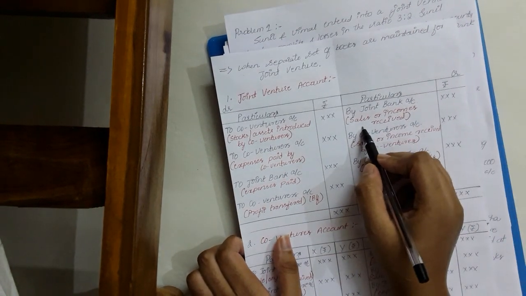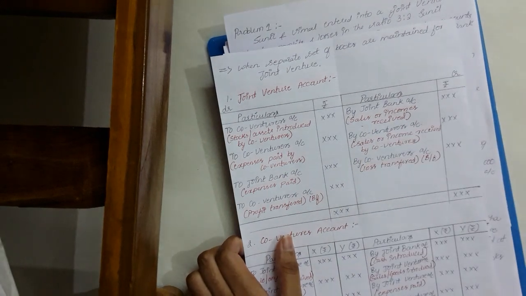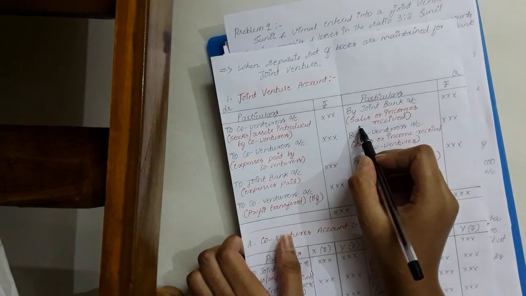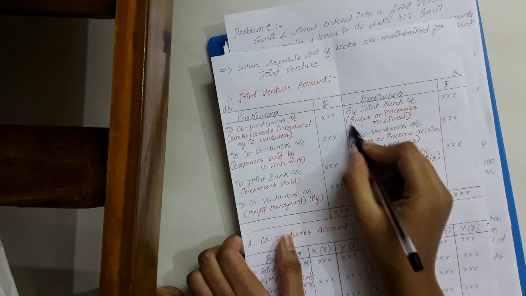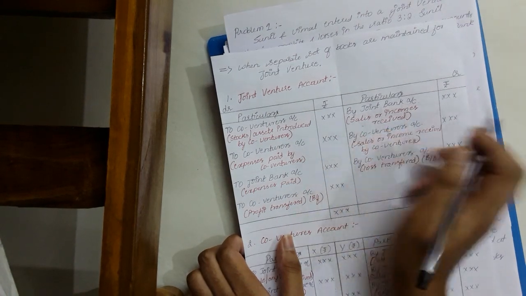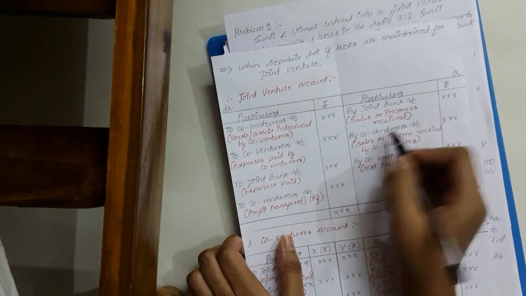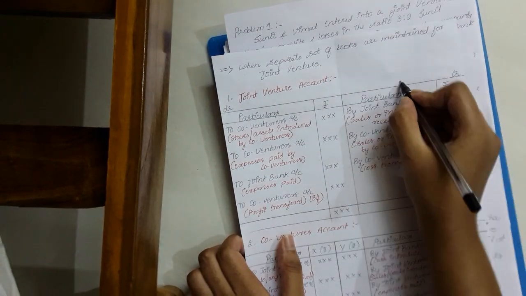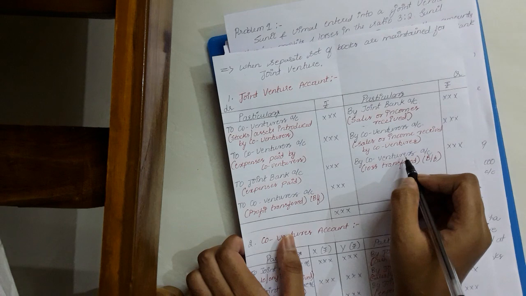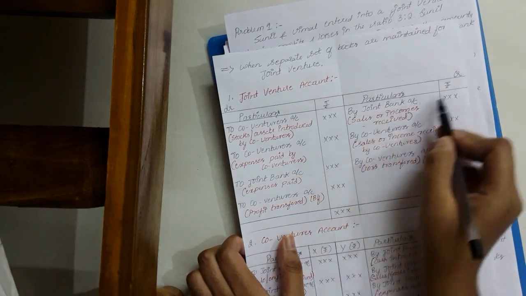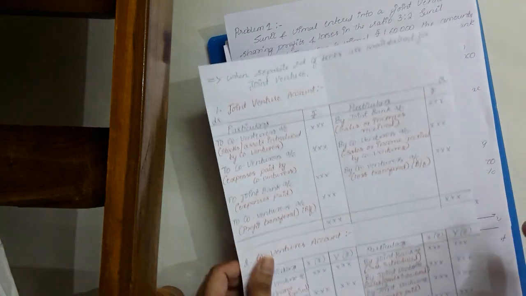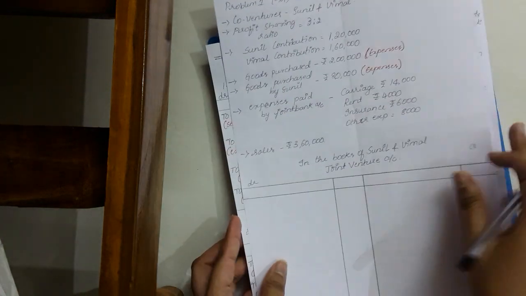If any sale has been made by this joint venture, we are supposed to write it on the credit side. All the incomes are on the revenue side, and expenses are on the other side. So any sales made should be recorded on the credit side of the joint venture account. In the question we have sales worth 3,60,000.